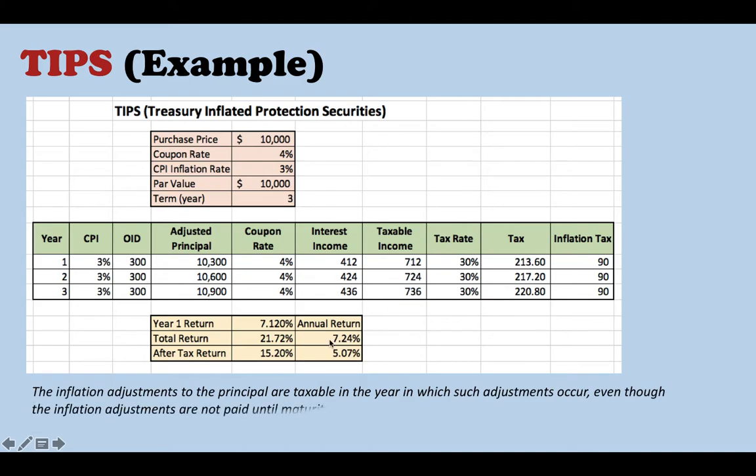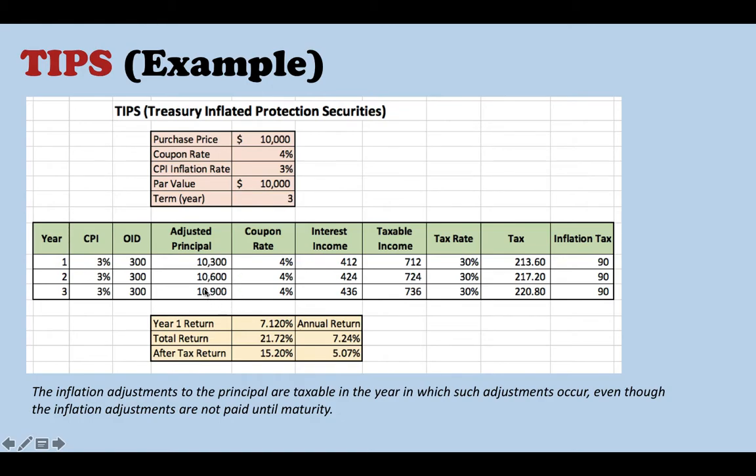So we just want to say the inflation adjustments to the principal are taxable in the year in which such adjustments occur, even though the inflation adjustment is not paid until maturity. Now what does this mean?